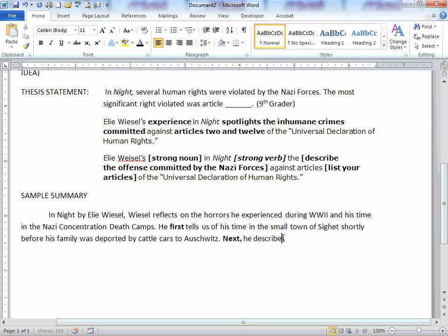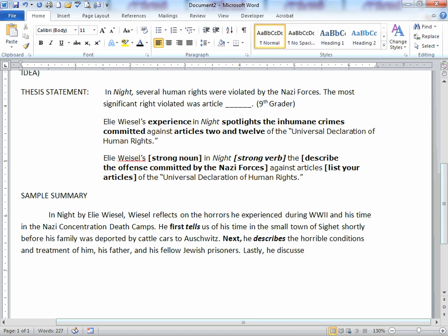So I still have to have some good summary verbs. And I'm going to bold and highlight those. First, he describes the horrible conditions and treatment of him, his father, and his fellow Jewish prisoners.